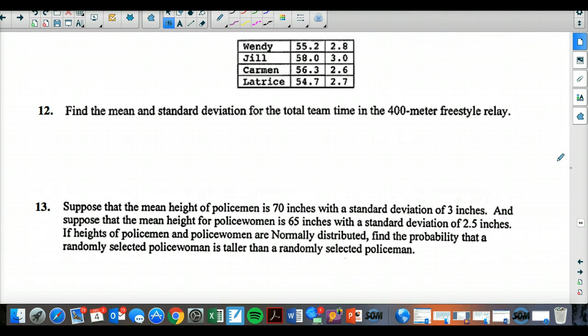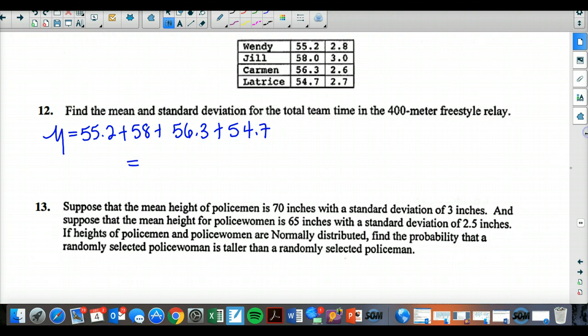More variables means more variability. Things should be growing here. So I'm going to say that the mean is equal to Wendy plus Jill plus Carmen plus Latrice.